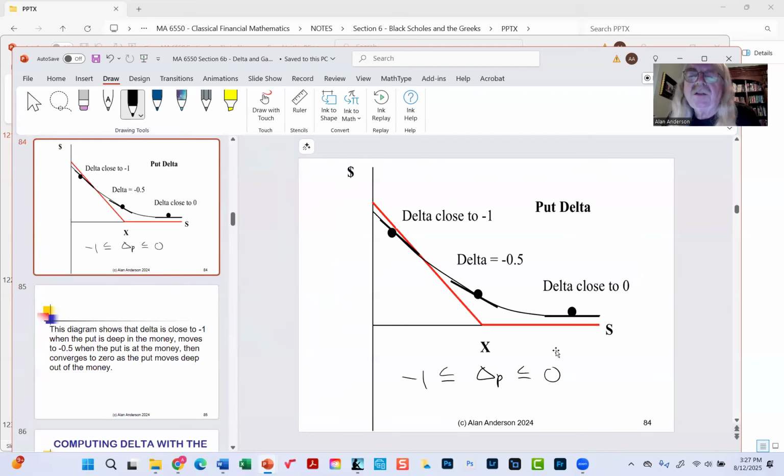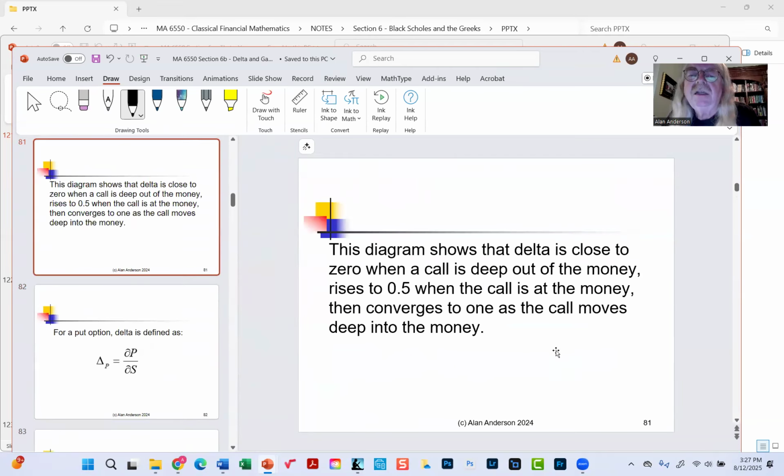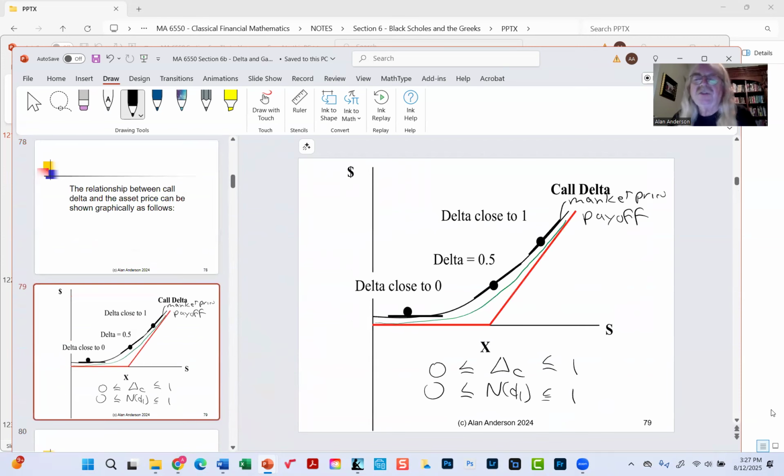And also, just terminology wise, don't forget that we've been using this terminology. Down here, we're out of the money, meaning that if we exercise the option down here, we'd have a negative payoff, which we would never do. Right here at this one point only, we're at the money.